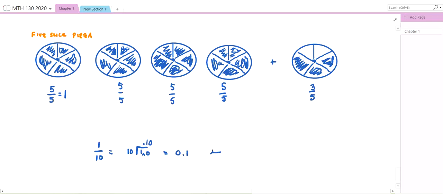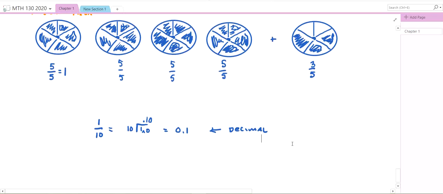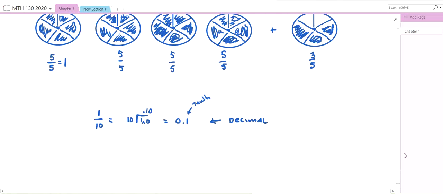So this is a decimal. That's how a decimal relates to a fraction. 0.1 is the tenth, or 1/10. 1 over 10 is 1/10, another way of saying that. So we can often represent our fractions as decimals.